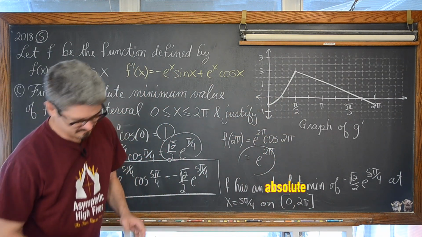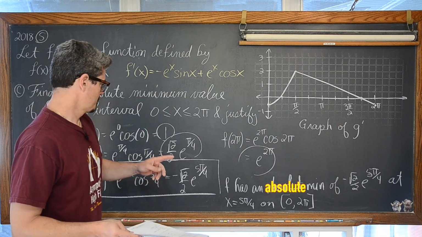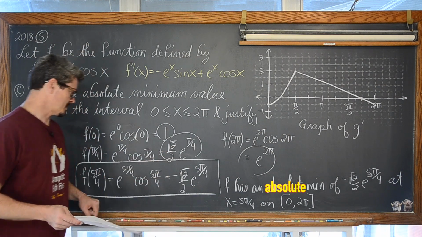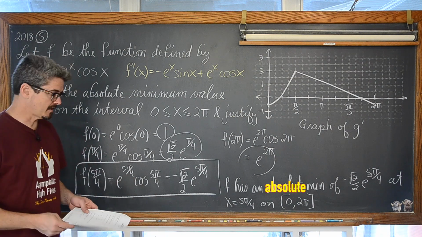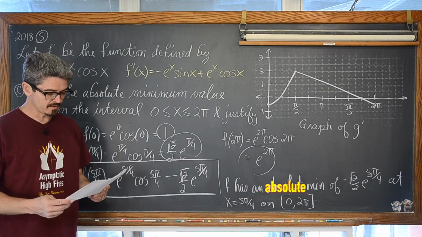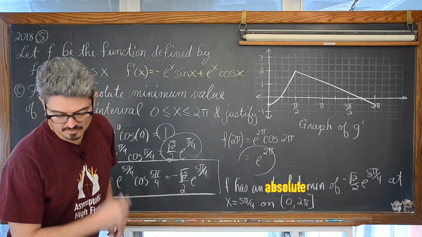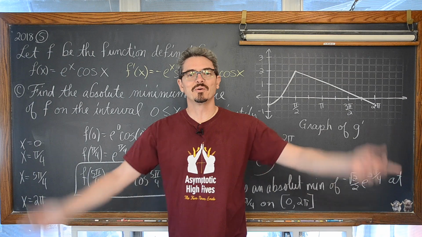And you're not going to get a point for identifying this as your absolute min unless you do justify it. In other words, you're going to write a sentence that's going to explain your thinking of why you came to that conclusion. Our last part, part D, coming up right now.